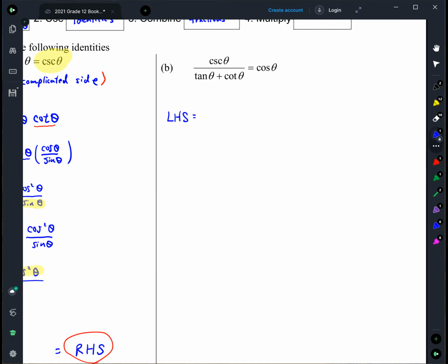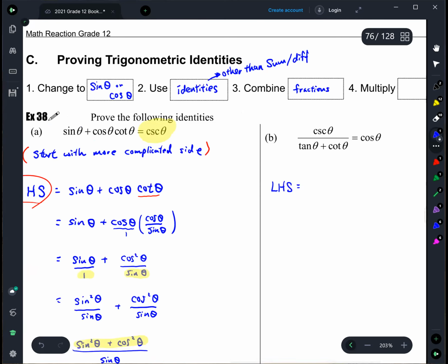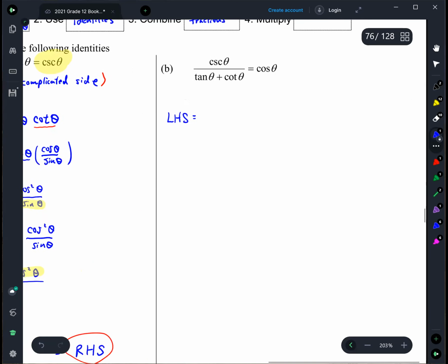Left-hand side, we have cosecant over tangent plus cotangent. We want to change them into either just sine or cosine. Now let's just try the first step. When you finish writing the first step, can you raise your hand?